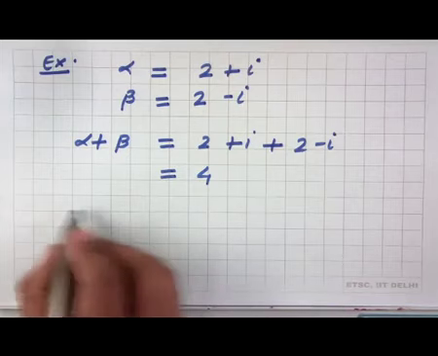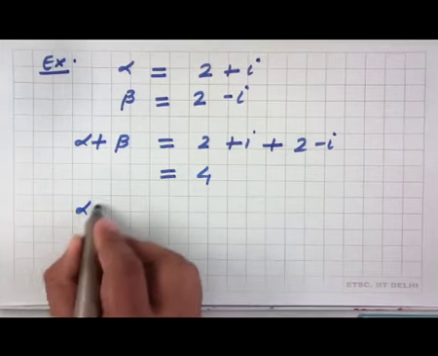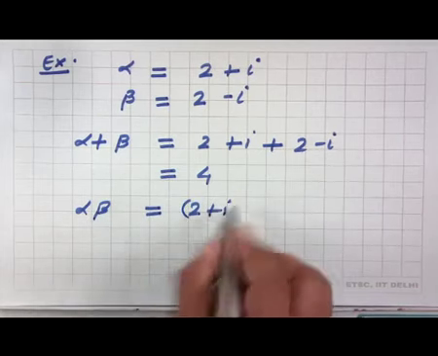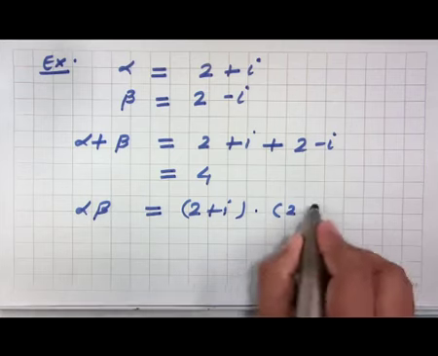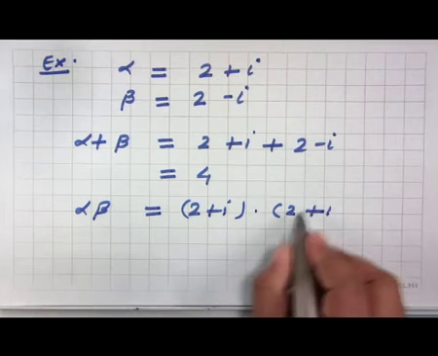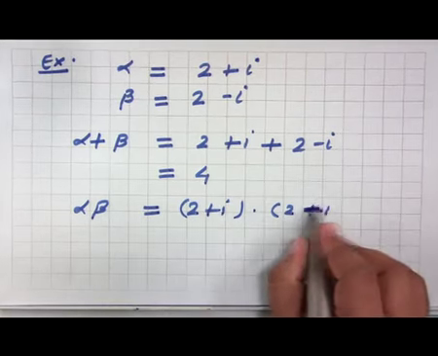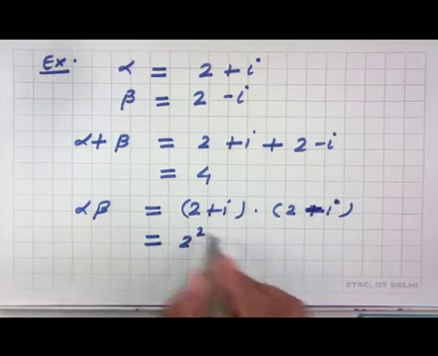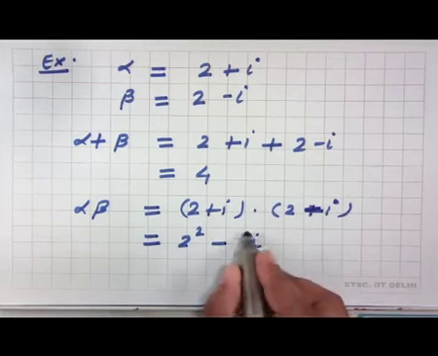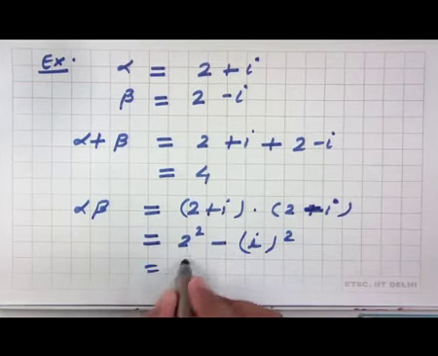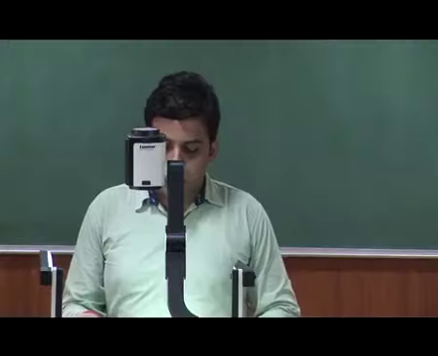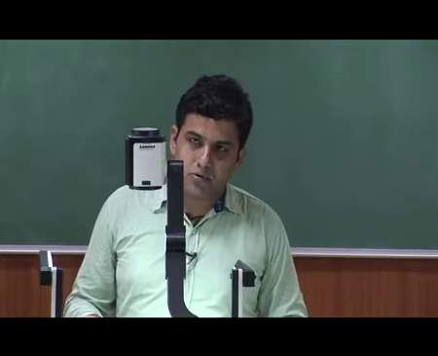Now, we can find the product of the roots, alpha beta equal to 2 plus i multiplied by 2 minus i. Now, we can multiply: 2 square minus iota square, it will be 4 plus 1, which is 5. Now, the sum of the roots is 4 and the product of the roots is 5.